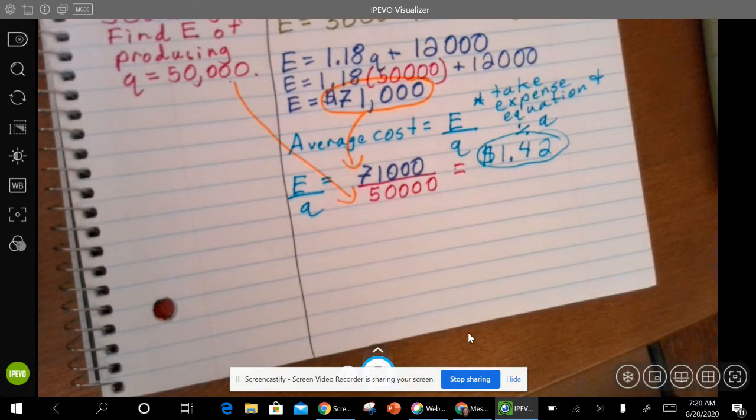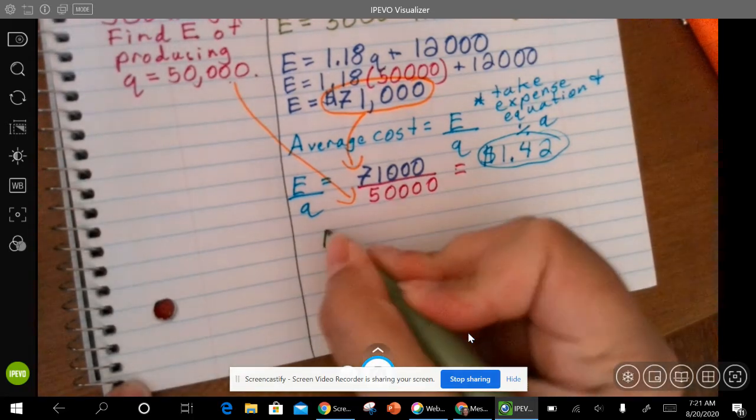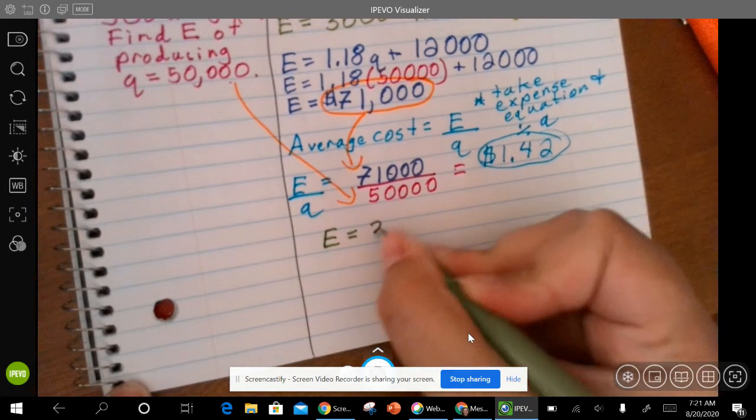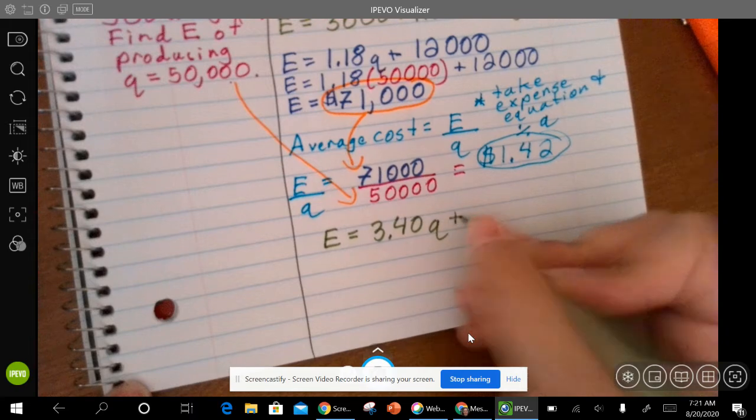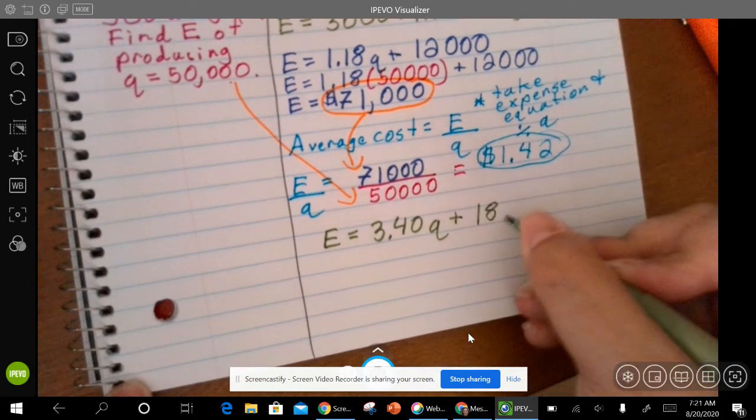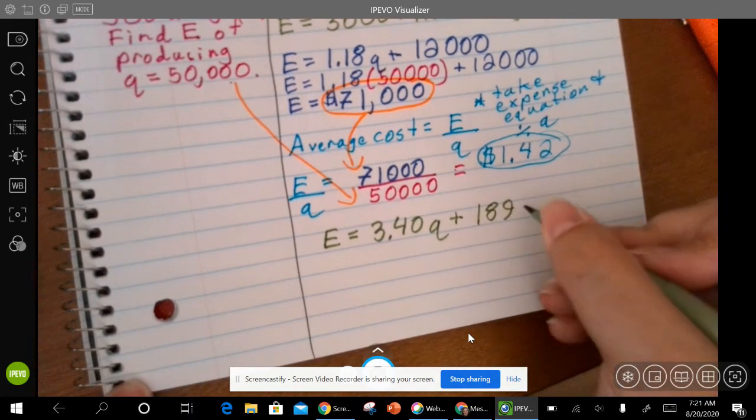So let's do an example, everybody. Let's say we want to find the average cost to produce 100,000 hand warmers. Our expense equation is $3.40, the cost to produce, times the quantity plus our fixed cost of 189,000.